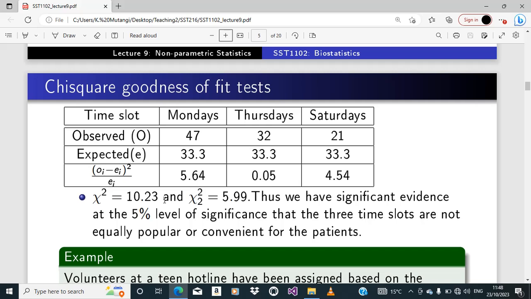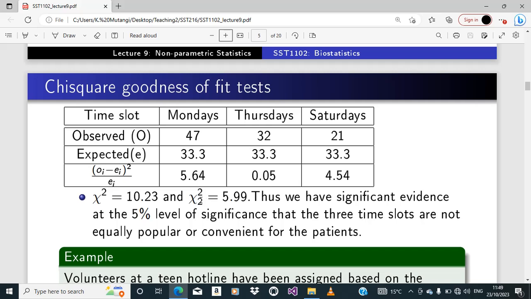Overall, if you add 5.64, 0.05, and 4.54, the test statistic becomes 10.23. We then go to our chi-square distribution tables, where we had k equal to 3.